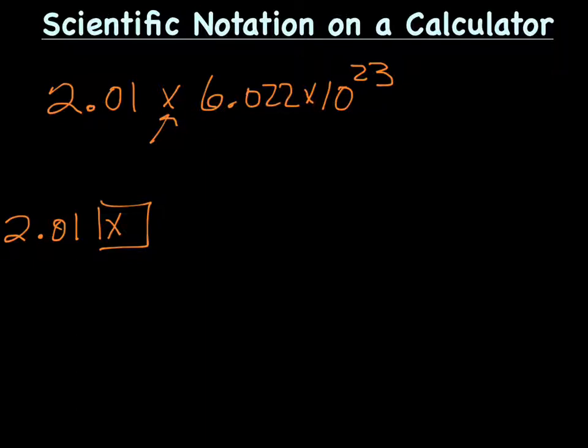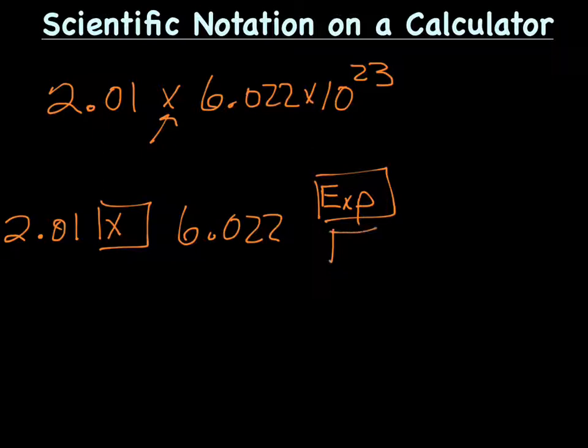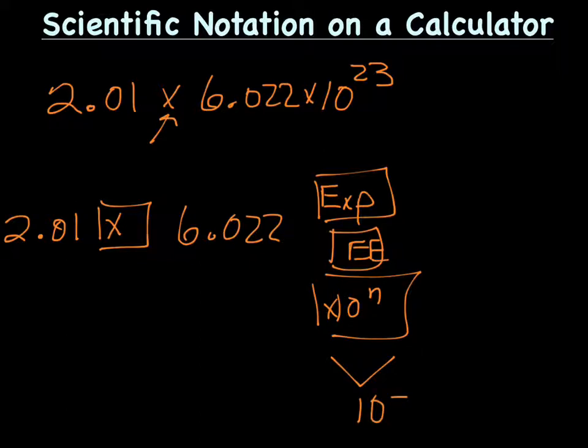Then I'd put 6.022, not times. Now I need to hit one of my other buttons, my EXP button, or my EE button, or the times 10 to the n button. And all of those mean times 10 to the. Then I would put in 23rd, equals.